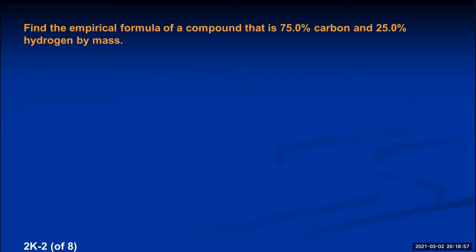So here's an example from experimental data. We're going to try to find the empirical formula of a compound that is 75.0% carbon and 25.0% hydrogen by mass. Now, where do these numbers come from? Let's say you take a compound between carbon and hydrogen, and let's say the sample in the lab you're dealing with, you weighed it on your excellent balance that never has any fluctuations in it, and it comes out 4 grams.